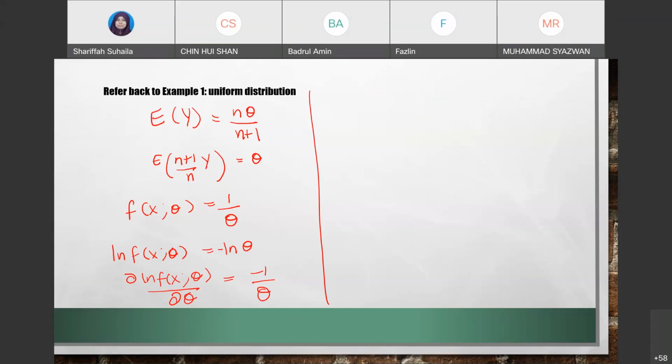So this one, kamu akan ambil expected value of the derivative of ln f(x; theta) with respect to theta and then square kan. So here you will get square. So here is just 1 over theta square.